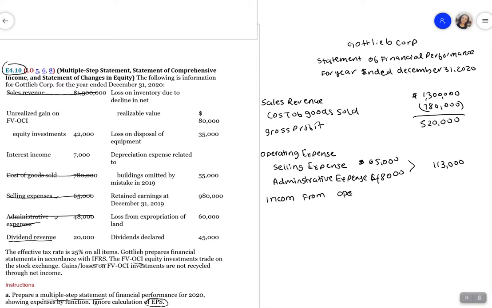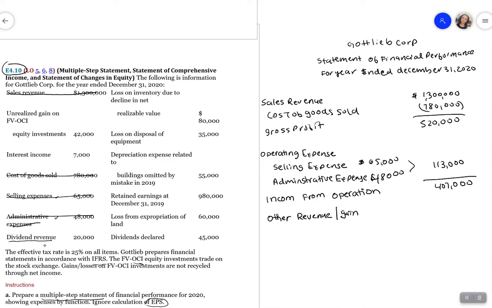When you have a multi-step, you have operating and non-operating, so we have to separate them. So income from operation will be your 407,000. After that, the first thing we're going to get is other revenue and gains. Any other revenues and gains will come in here.